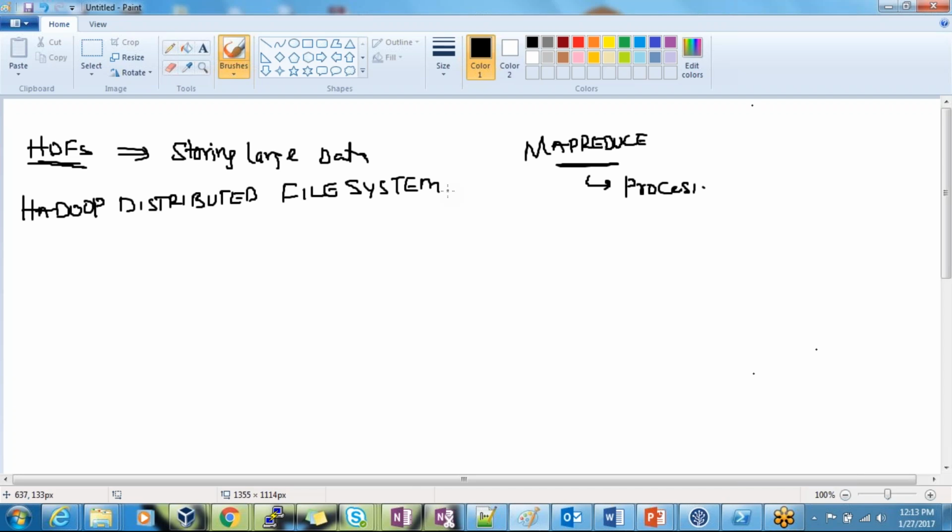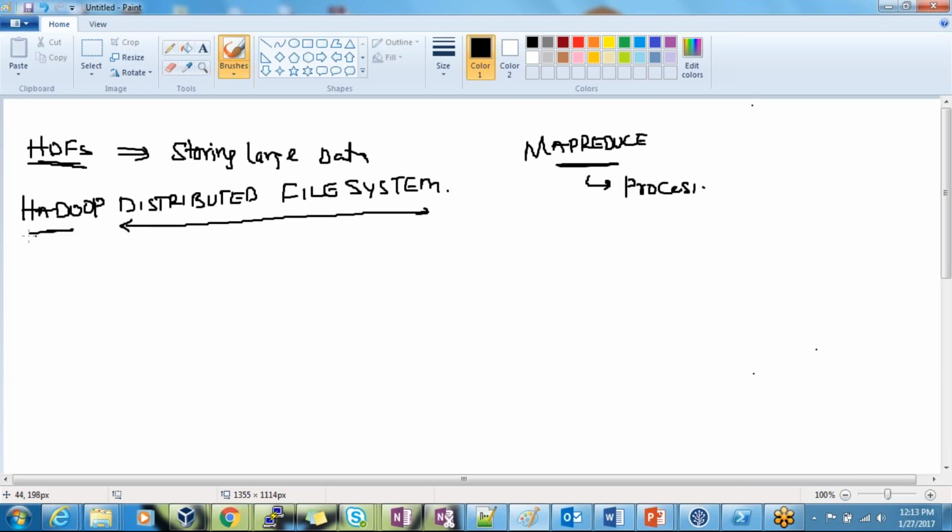We already have so many distributed file systems, so why do we need the Hadoop file system?